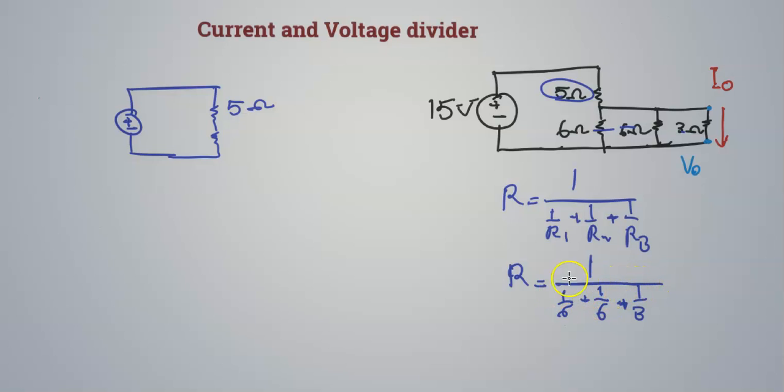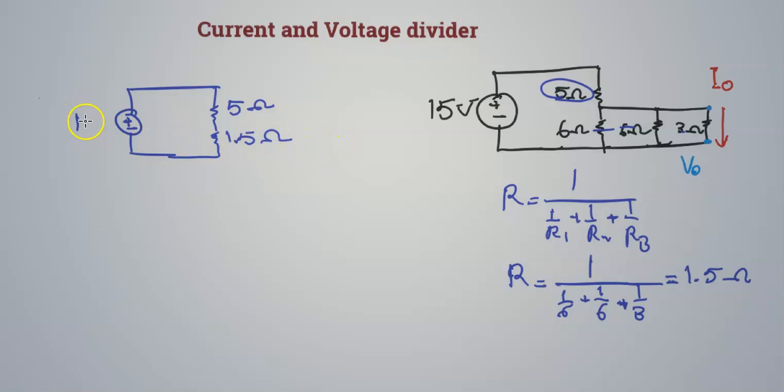I have a more detailed video on series and parallel resistance, and you can refer to that if you are not sure how to calculate this. The result of these three is 1.5 ohm. If I write this here, it's easier to see and deal with.